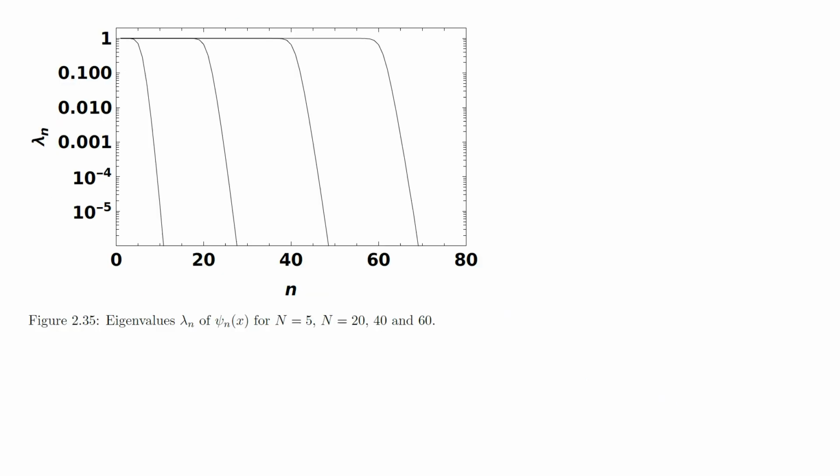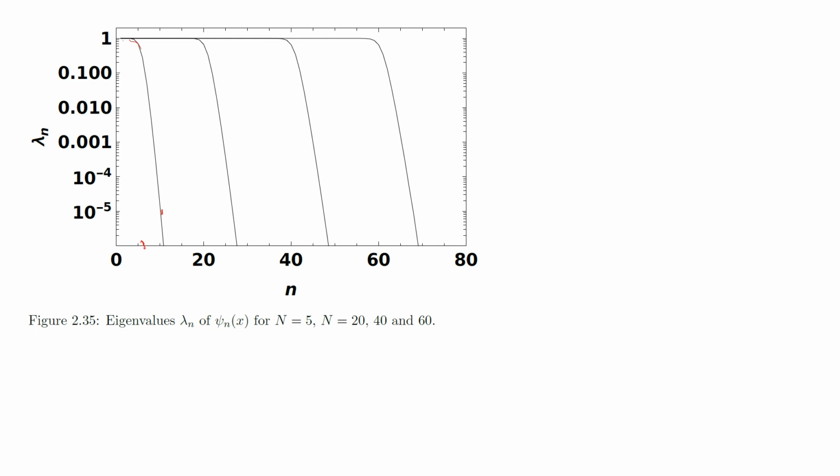So here's a plot of the eigenvalues for various values of the Shannon number n. When n is equal to 5, the eigenvalue begins to fall right here at 5 and falls to a very low value by the time we get beyond 10. It's gone down by 5 orders of magnitude going from 5 to 10. We make the Shannon number equal to 20.